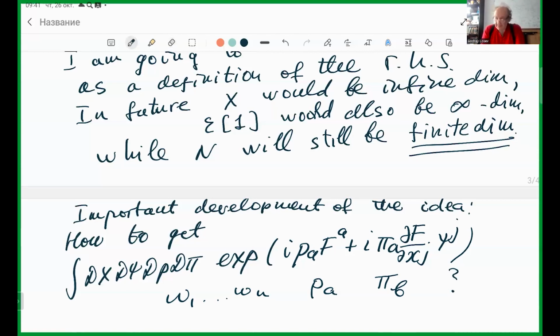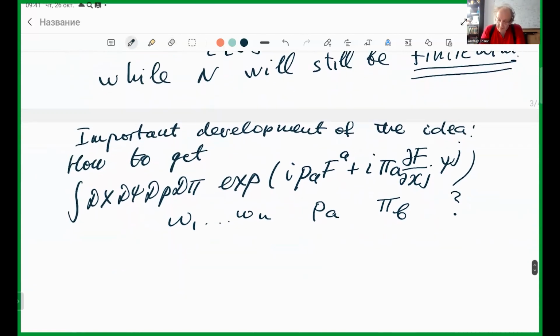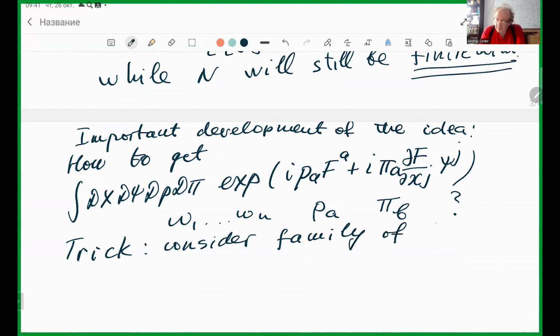There is a trick. Consider a family of functions.